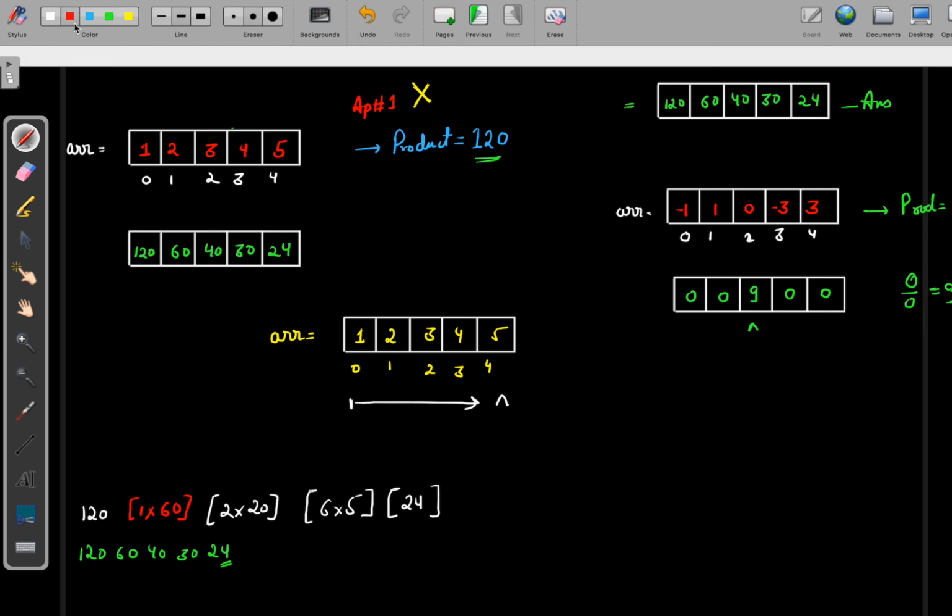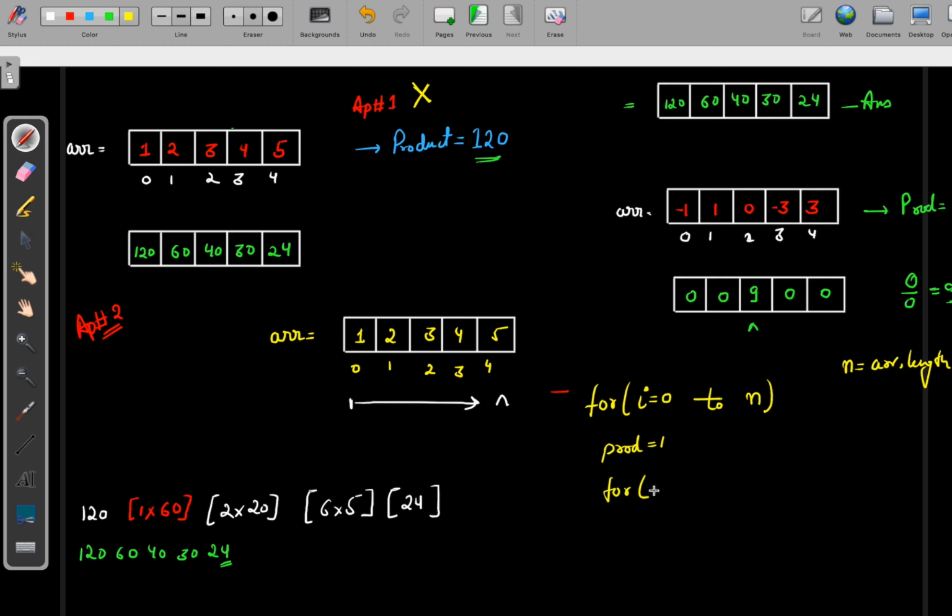So basically what I am saying is that in this approach, our approach 2, because one was a failed approach, I will start from 0 and run till the length, or I will say n, where n equals array.length, and then I will take the product as 1.